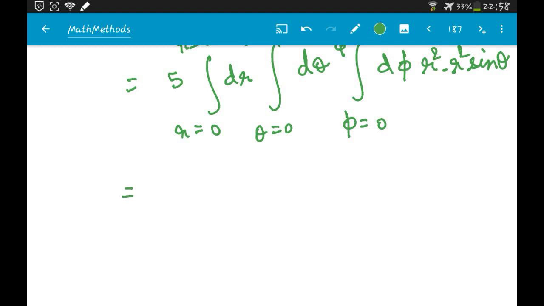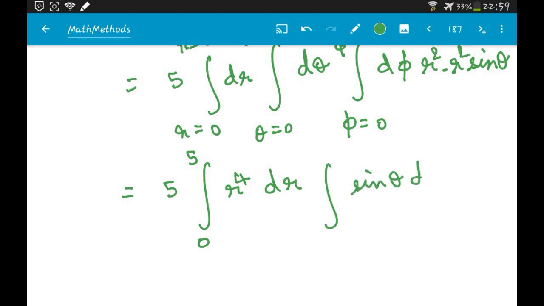Okay, so ultimately the integral that we have to compute is 5 into r power 4 dr from 0 to 5, sine theta d theta from 0 to pi, and 0 to 2 pi d phi. This is what we have to compute.